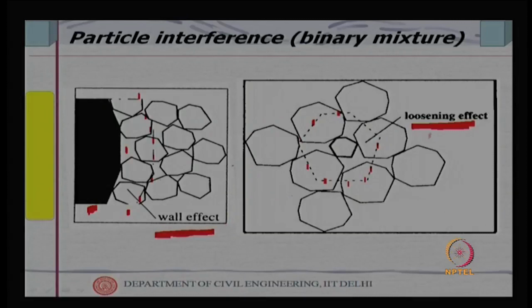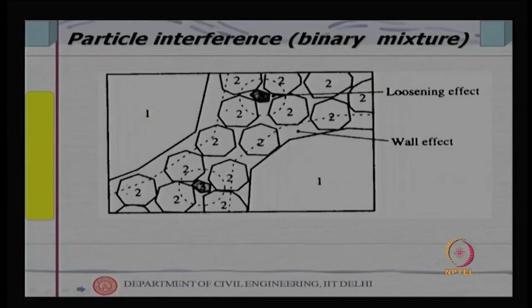So, wall effect and loosening effect are part of the particle interference, and due to this the packing density of both the quartz and the finer one gets disturbed. Loosening effect causes disturbances in the packing characteristics or void content of the quartz particle, while wall effect causes an increase in the void content of the fine particle which has gone inside the quartz particle.